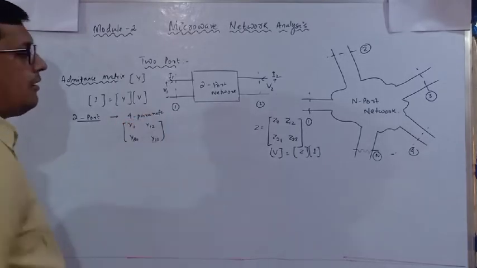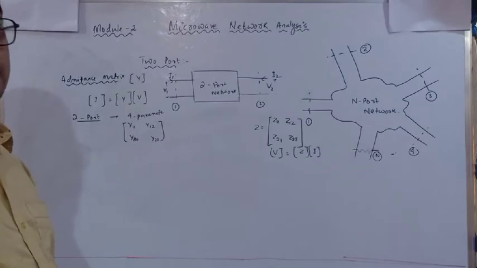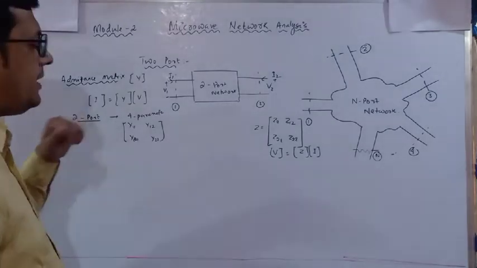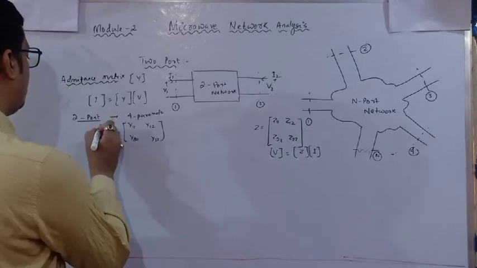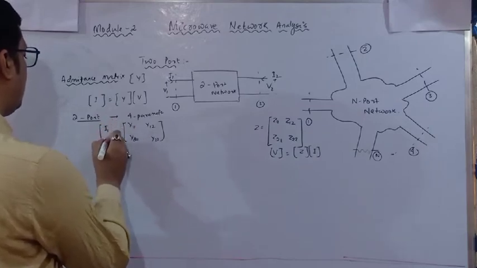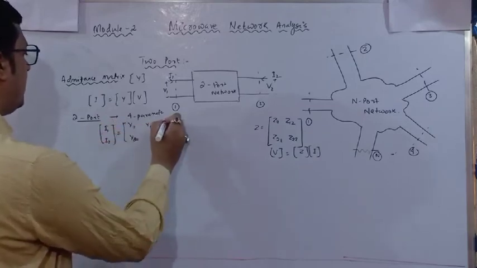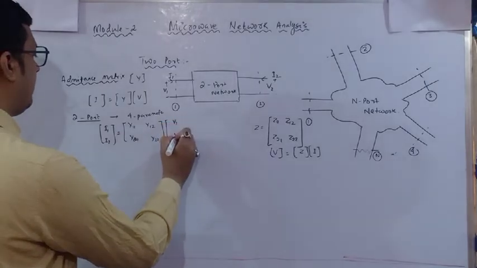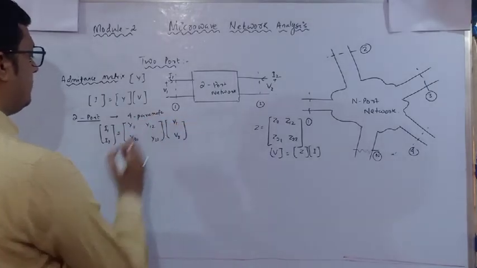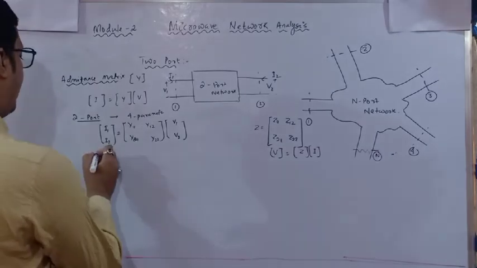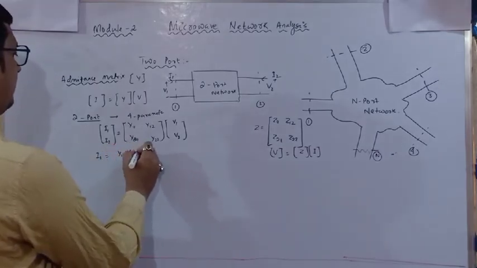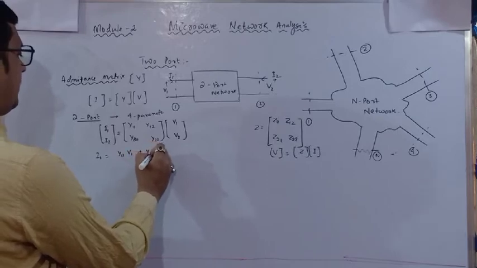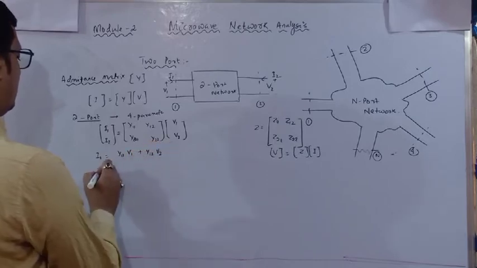So here everything is represented in terms of potential and current. What will our Y11 and the others be? Let me resolve this: the matrix of I1 and I2 is multiplied with V1 and V2. Let me write the I1 equation first: I1 equals Y11 V1 plus Y12 V2.